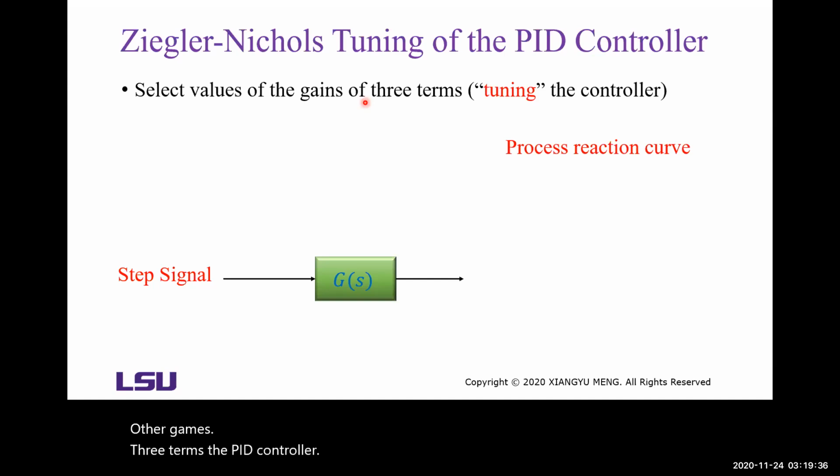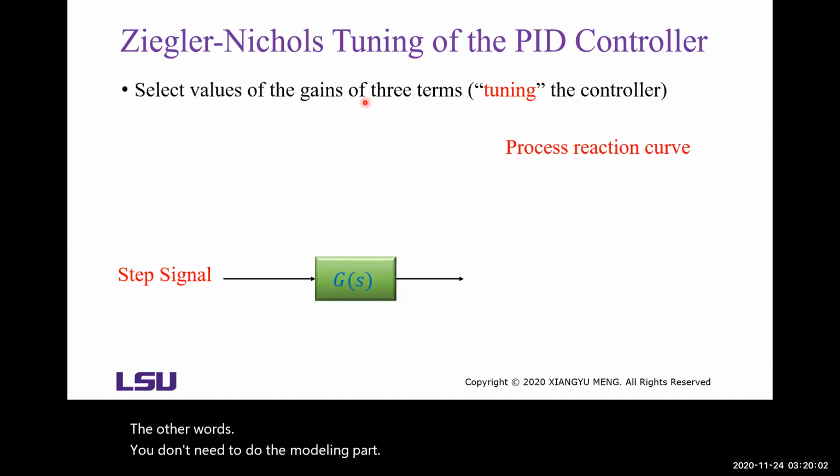The nice thing about the PID controller tuning approach we will discuss here is we have no idea about the plant. You don't need to know the transfer function of the plant. In other words, you don't need to do the modeling part.